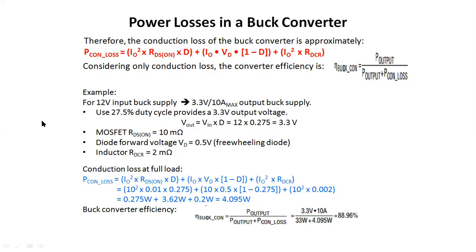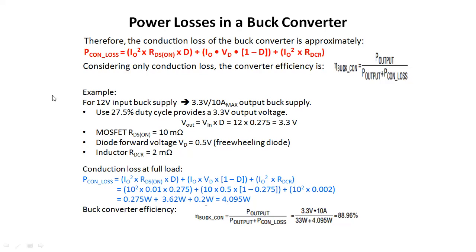For a 12-volt input buck converter, there is a 3.3 volt, 10A maximum output supply. Use a 27.5% duty cycle. The value of D is given in percent, so you can take 0.275, because 27.5 upon 100 provides a 3.3 volt output voltage.